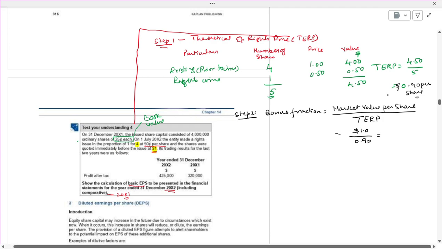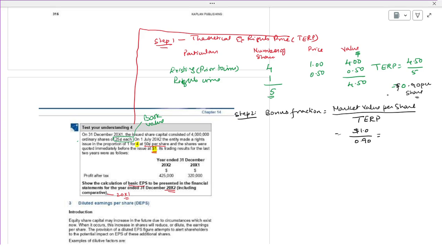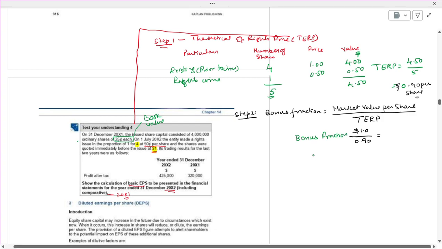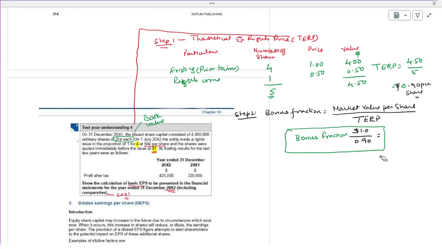Keep it like that only; don't calculate this, put it as the bonus fraction. Don't do anything else. This is the bonus fraction.